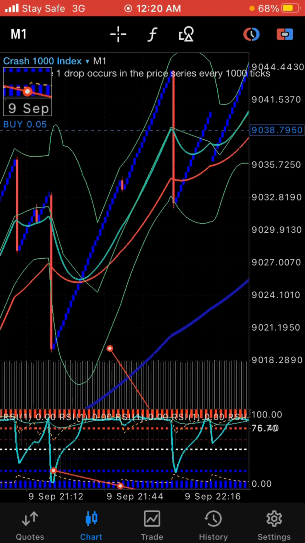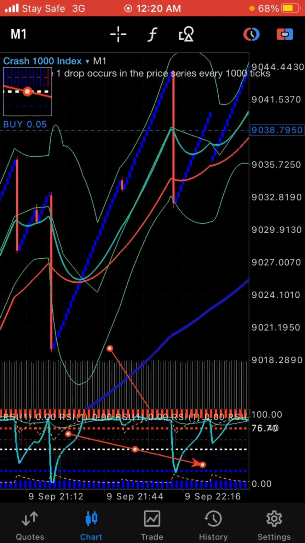Once it spikes and touches our 100 levels, you have to consider that it has touched the levels, and you have to wait for it to cross the 50 line. Once it crosses the 50 line, you consider our Average Directional Movement Index to cross also at those zones. These are conditions.